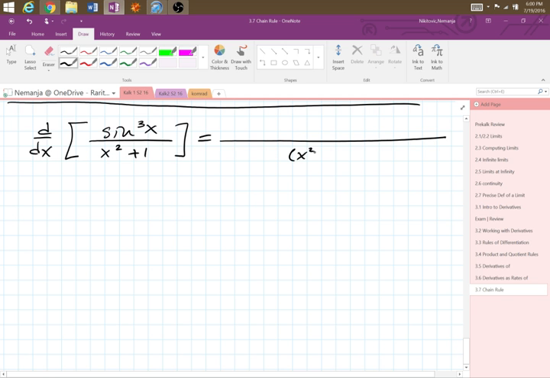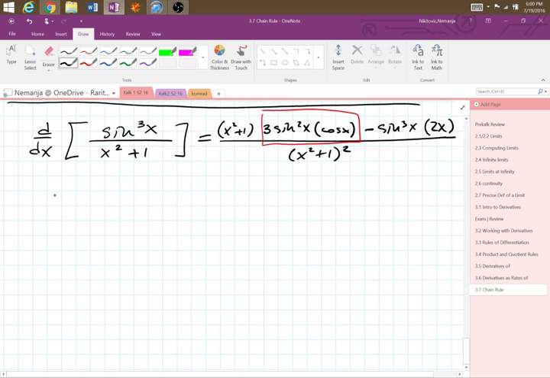We have x squared plus 1 squared, then we copy x squared plus 1, and then derivative of the top, which is 3 sine squared x times the cosine x minus sine cubed x times 2x. So where is the chain rule? The new stuff right here. That's the piece. The rest is the good old quotient rule from 2 days ago.